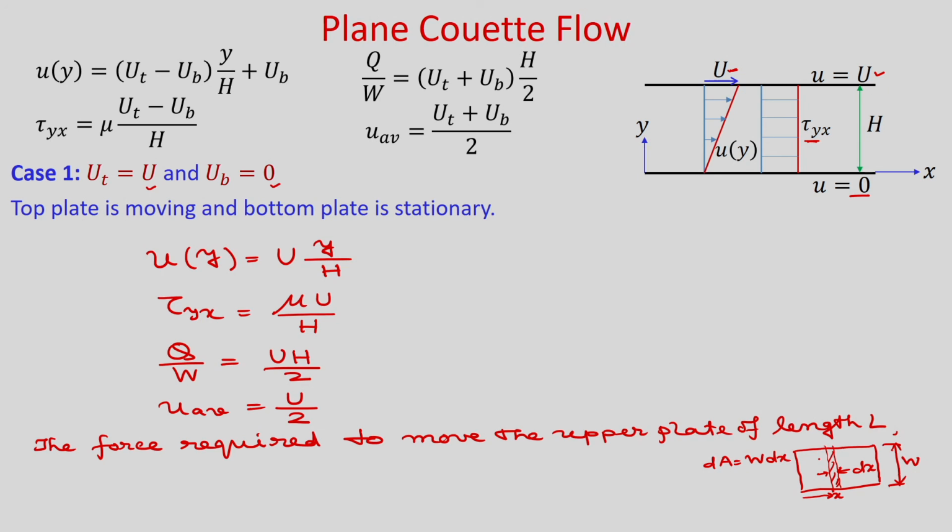So, F you can calculate as the area integral of tau_yx at y equal to h dA. So, you can write the integral from 0 to L, where L is the length of the plate, of tau_yx, which is constant, mu U/h, times W dx. So, the force per unit width F/W will be just mu U L divided by h.